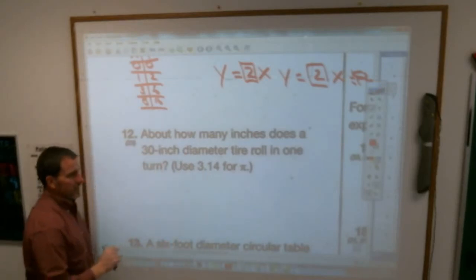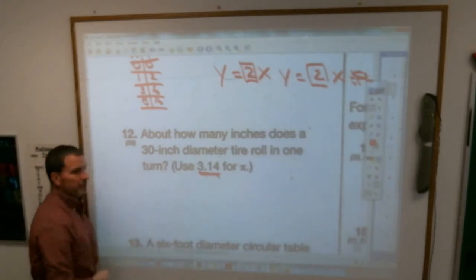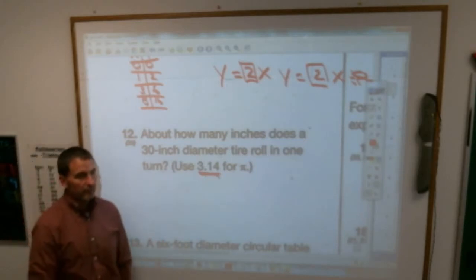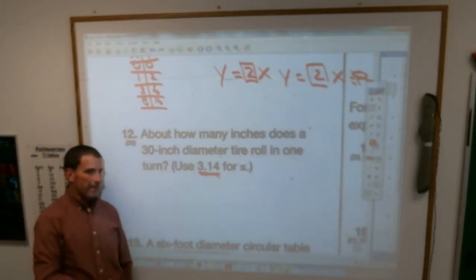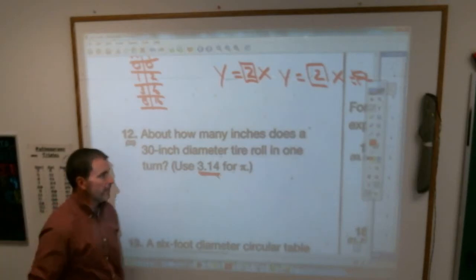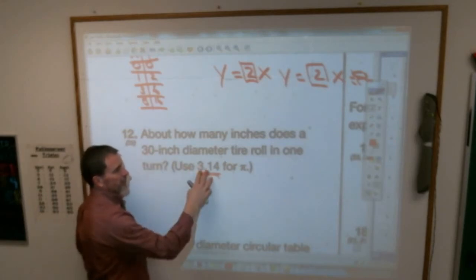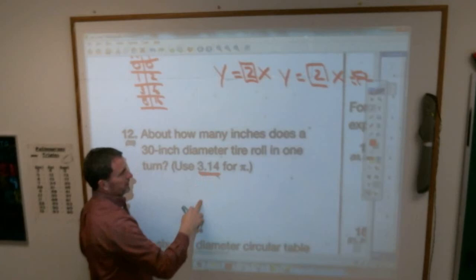The reason it says about is because of this right here. Anytime you use 3.1 or 22/7 for pi, that makes it an about problem because that is not actually what pi is. It's about. You've already abouted it. So no, you can't round if it says about. You have to use 3.14 and get as close as that will get you.